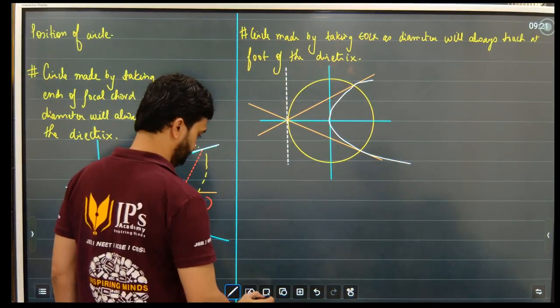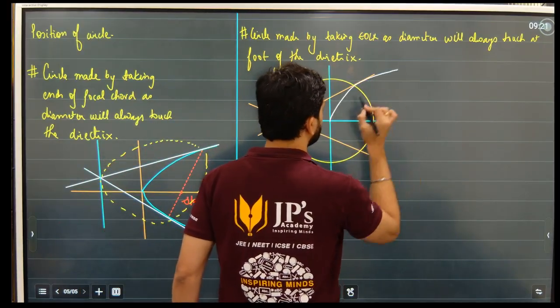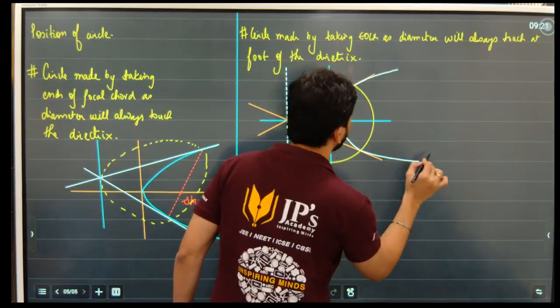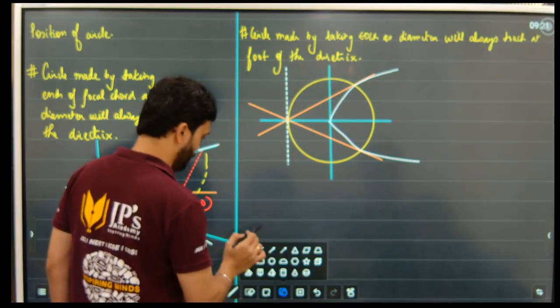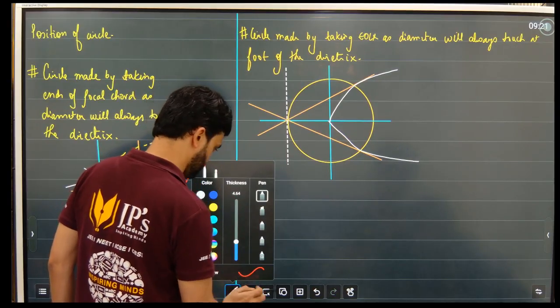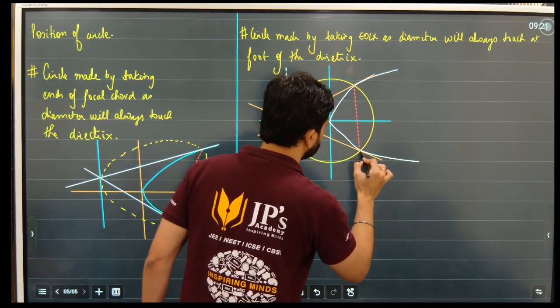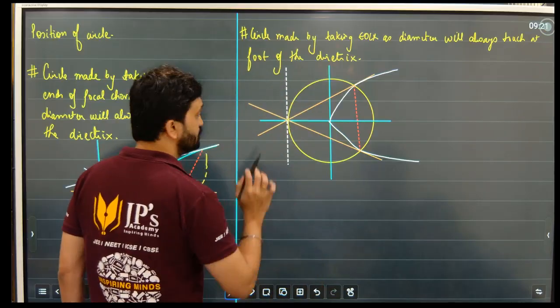This is a parabola. Your parabola, and this is your latus rectum. ठीक है. So remember this.